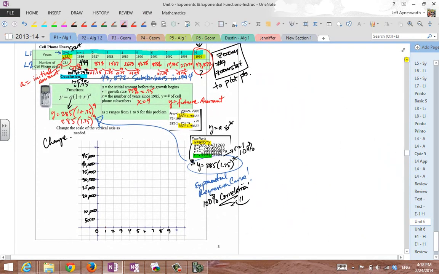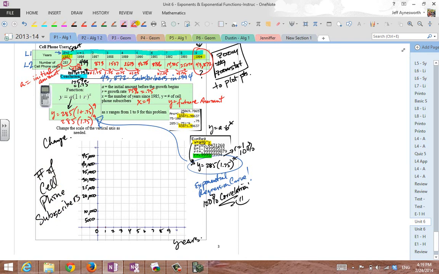There we go. You're going to have to estimate, obviously. These are the years, and this is the number of cell phone subscribers. So you just go ahead and plot.